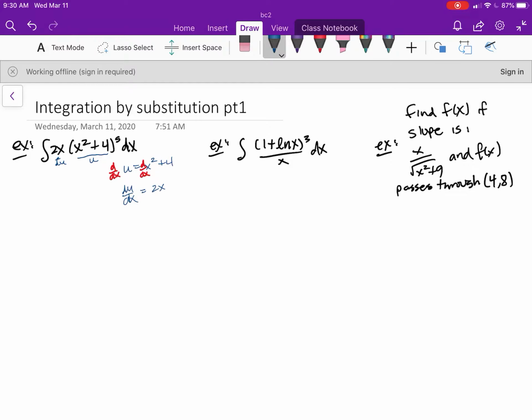So the step that I'm not writing is this. We move this dx over, even though it's not really du divided by dx, it works algebraically. And we discussed this in Calc 1. So this step here, along with the d dx, I typically don't write. I just have u equals x squared plus 4. du is 2x dx.